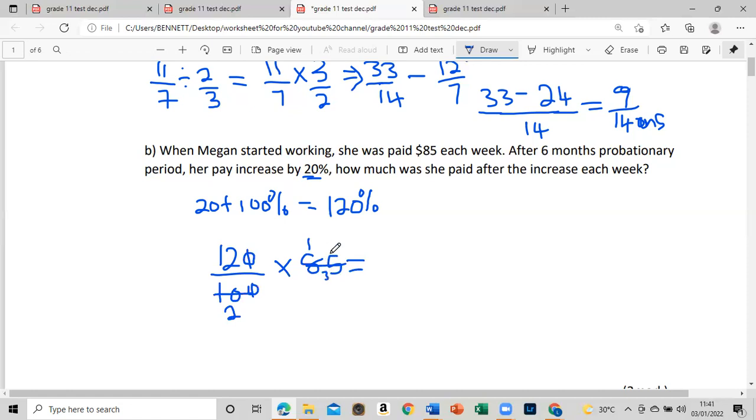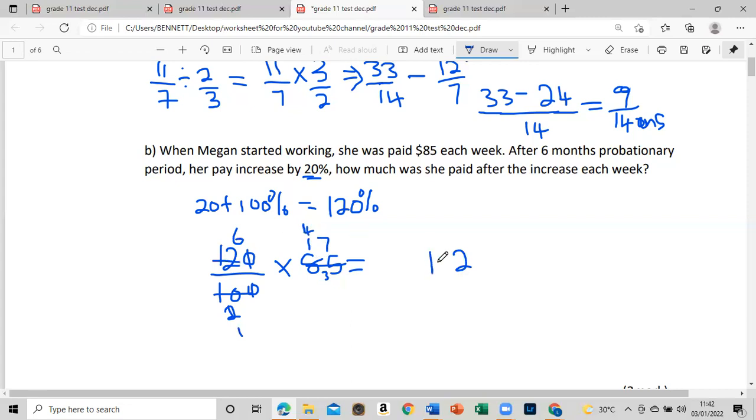Right? So that's 17. 2 into 12, 6. So it will be 6 times 17. 6 times 7 is 42, carry 4. 6 times 1 is 6, and that's 10.